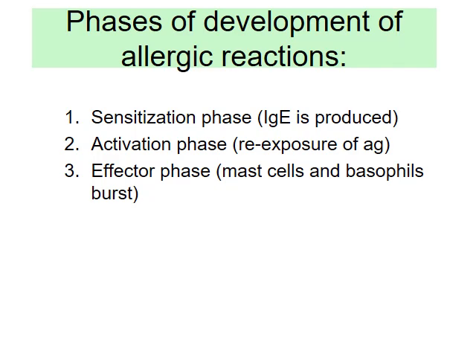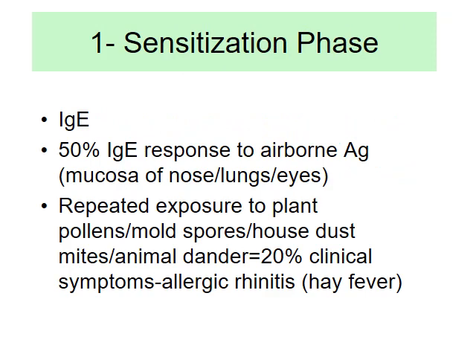Okay. So let's discuss the first phase, the sensitization phase. Of course, IgE is the most important thing that is made when your cells want to react to an allergen. Now also keep in mind that since this is a basic lecture, I don't want to confuse you, but most of the time what we have seen in clinical practice is that 50% of the responses, of course, are airborne. So the chances are that your system will get sensitized to something that you breathe in.